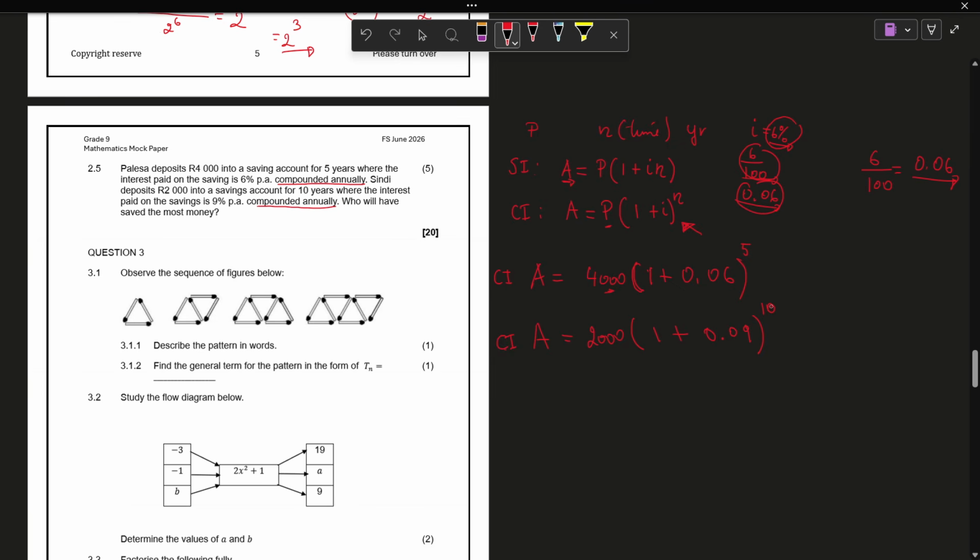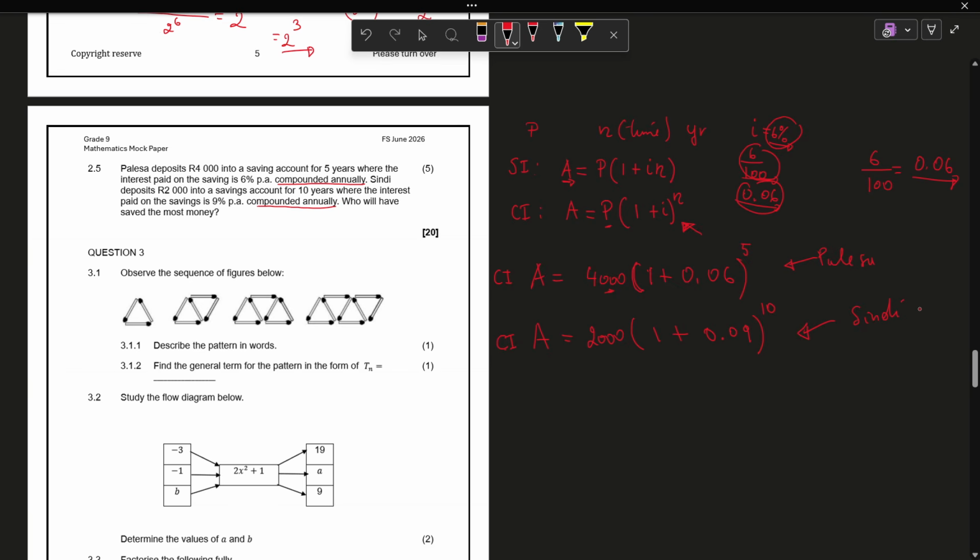Who will have saved the most? So here we have Palesa. And here we have Cindy, sorry. So let's compare who would get the more return.